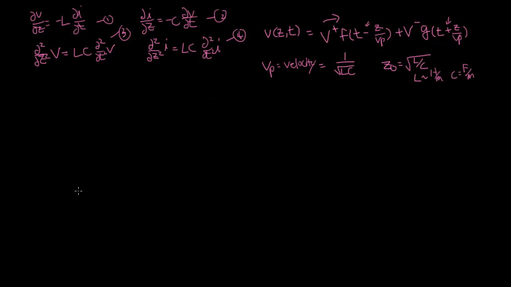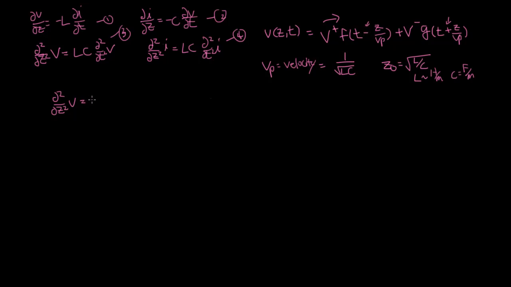One of the things that you'll see is that this will solve equation 3. If we just eyeball it, look at what d²v/dz² is going to turn into: you're going to take the derivative of this twice. When you take the derivative with respect to z one time, you multiply the whole thing by minus 1 over vp, and when you take it again, you multiply by another minus 1 over vp.